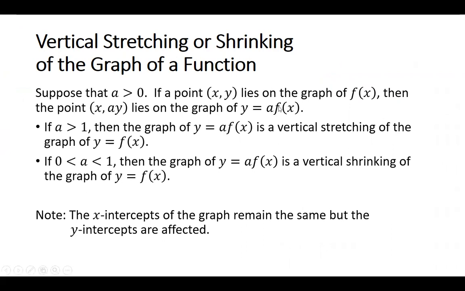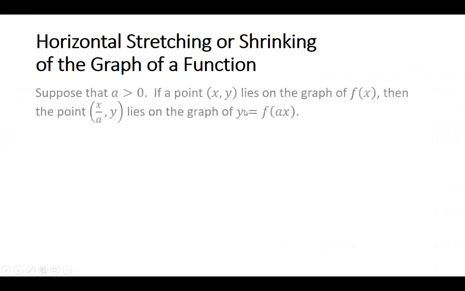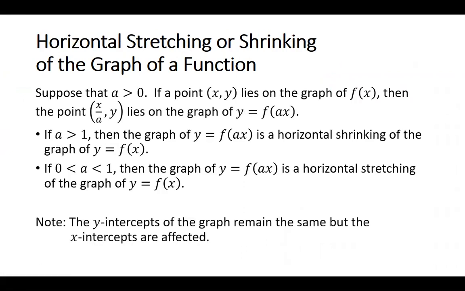So here we take f(x) and we multiply it by some value. So we're taking the output and multiplying by it. That affects the vertical. Whereas when we take the input x and modify it, so in this case multiplying it by a value, we affect the horizontal. So very important for us to keep that in mind.